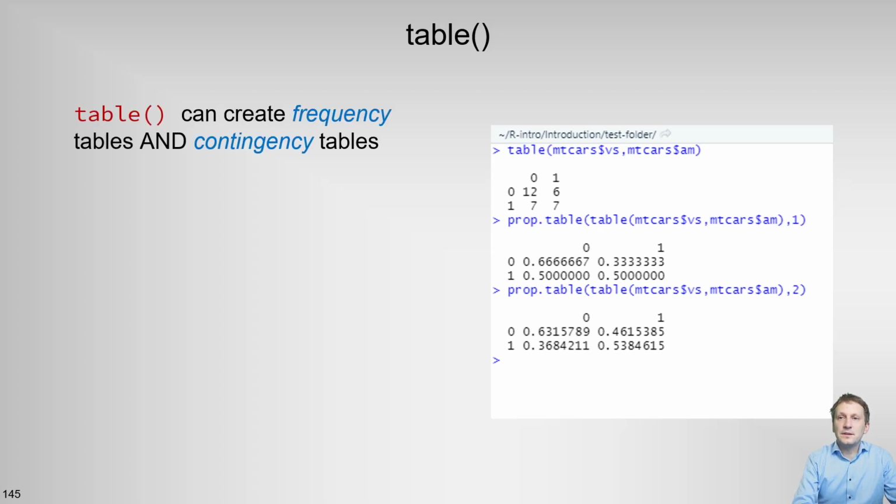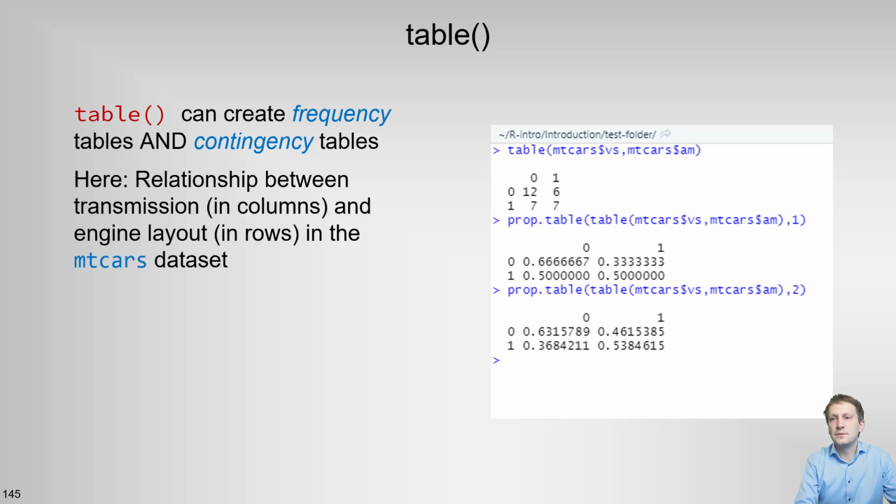So table, as I've mentioned before, creates a frequency table. It can also create a contingency table if you want to do bivariate analysis. So the same function does those two things. Here, we can look at the relationship between transmission and engine layout in the mtcars data set.